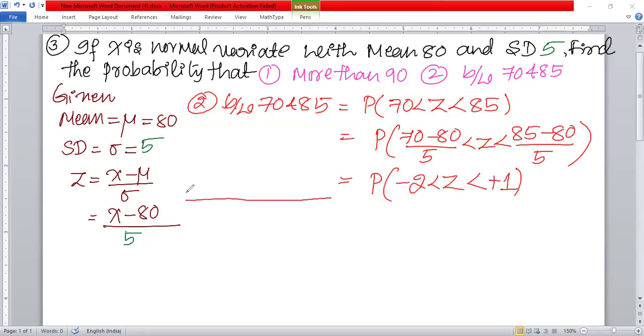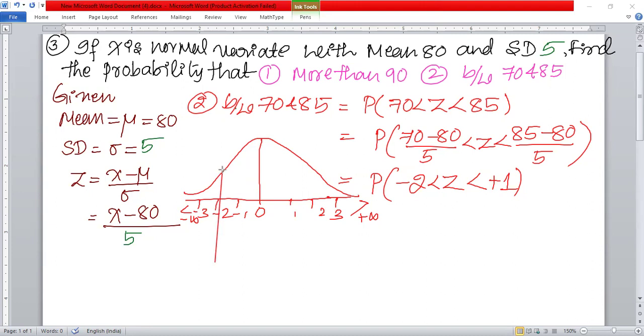Now there is a bell-shaped curve. Greater than, lesser than, minus infinity, plus infinity. So 0, 1, 2, 3, minus 1, minus 2, minus 3. First one, minus 2.